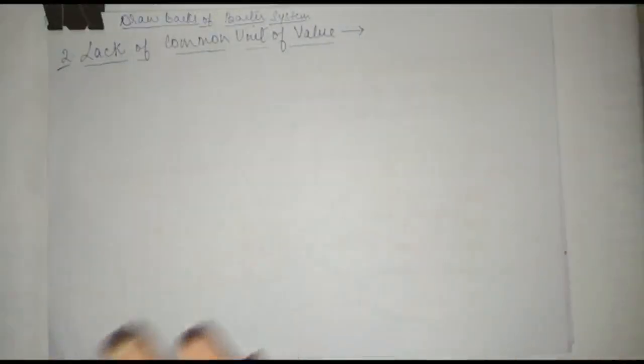So there was no common unit of value under the barter system. But with the introduction of money, all your commodities can be exchanged for one single common unit, and that common unit was known as money.